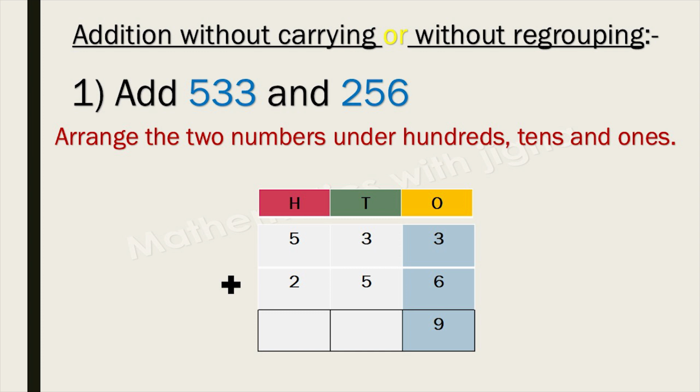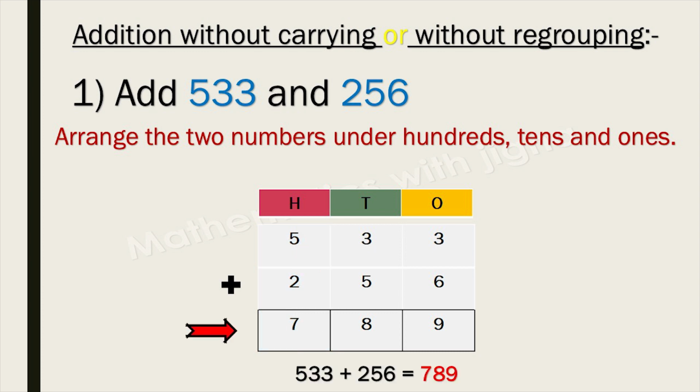Then move to the tens digit. Add 3 and 5 is equal to 8, which we write in the tens column. And finally, we add the hundreds column digits 5 and 2, which is equal to 7, which we write in the hundreds column or hundreds place.